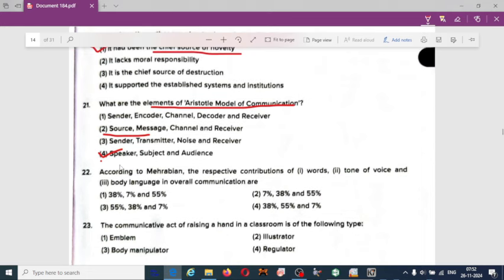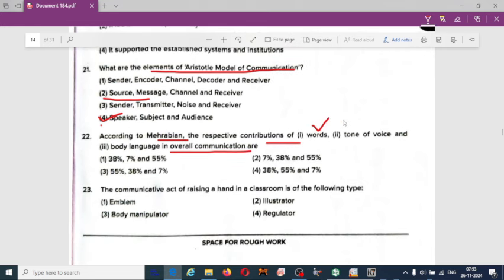Okay. Next question. According to Mehrabian, the respective contributions of words, tone of voice, and body language in overall communication are: word, tone of voice, and body language. For communication, how much percentage is involved in overall communication? 100%.